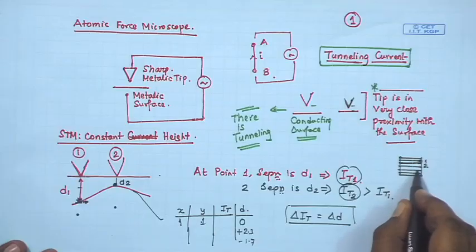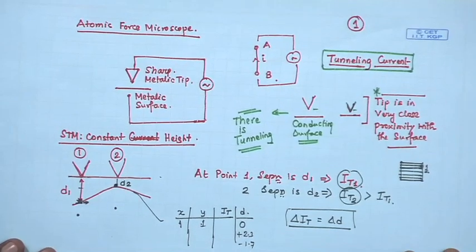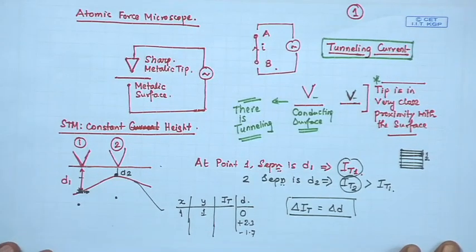You in fact can let the tip move over all the points over the surface back and forth, and get an idea at every point how your tunneling current varied with the location, and you can thus get a map of the magnitude of the tunneling current at each of these points.